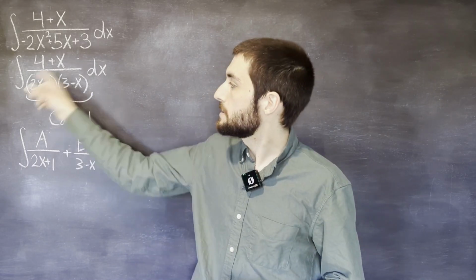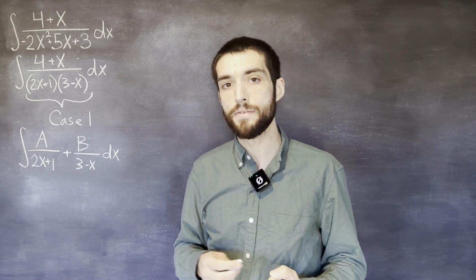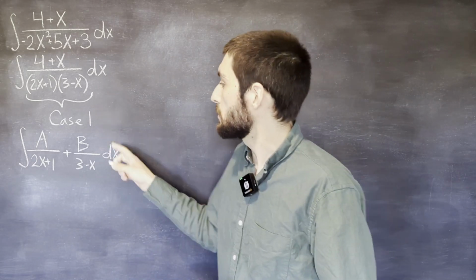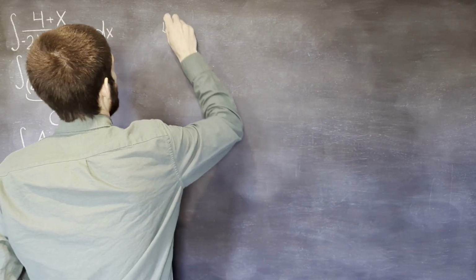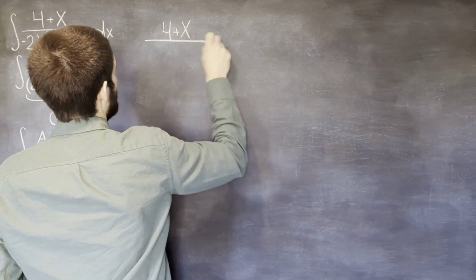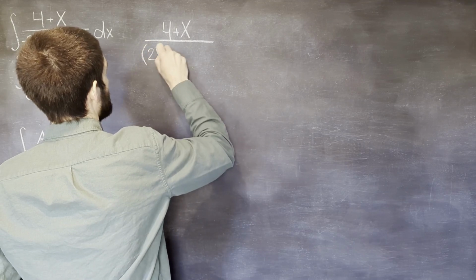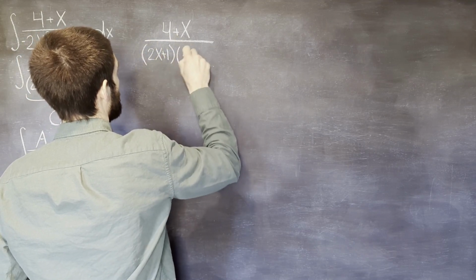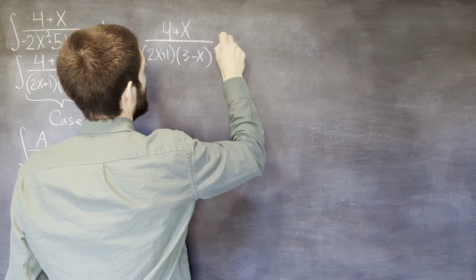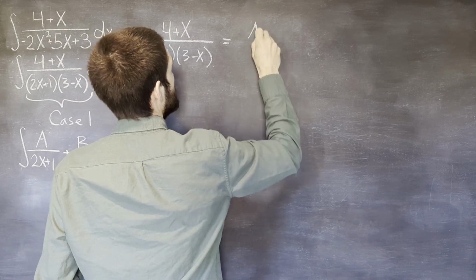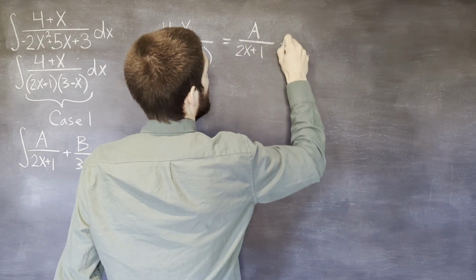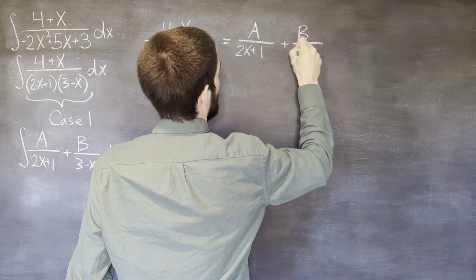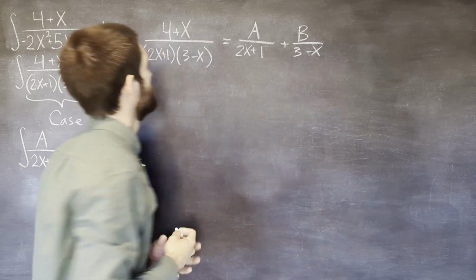Our next step is to use this information to create an equation to solve for A and B. So if these two integrals are equal, that must mean that these integrands are also equal, giving us (4 + x) / ((2x + 1)(3 - x)) equal to A / (2x + 1) plus B / (3 - x).